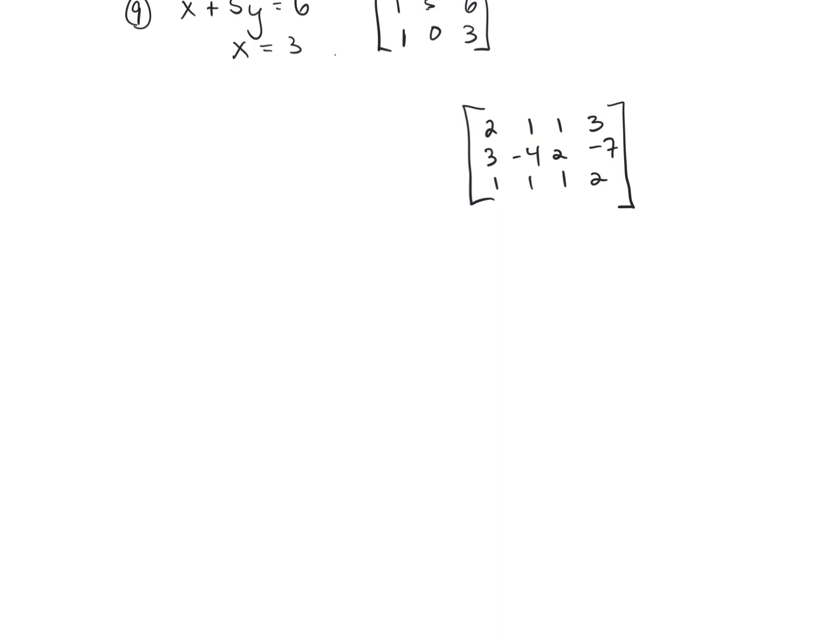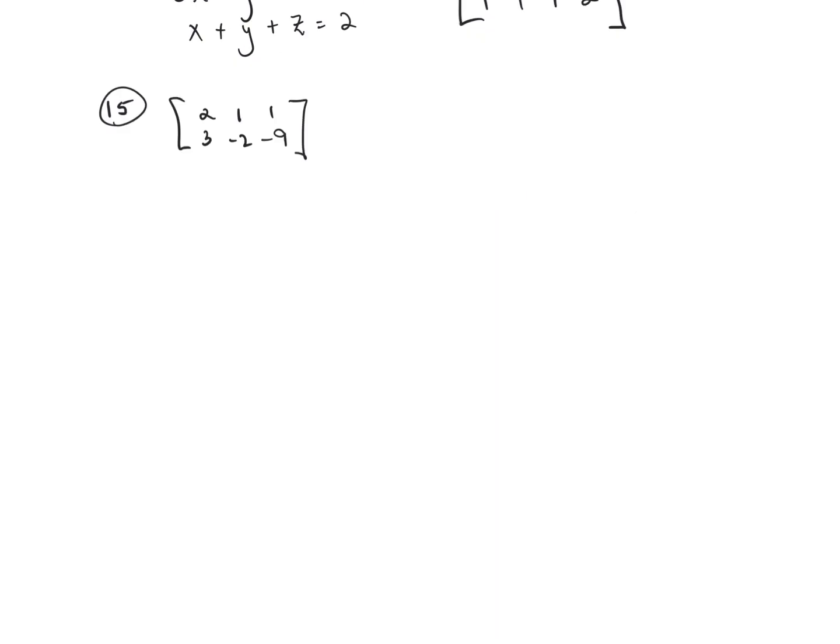So we've done it. With 15, they want us to go backwards. They're giving us the augmented matrix, and they want us to write the system of equations. Usually, the columns stand for X, Y, Z. If you want to use A and B, it does not really matter. So our written out equations would be 2x plus 1y.